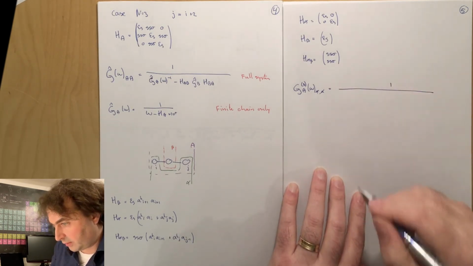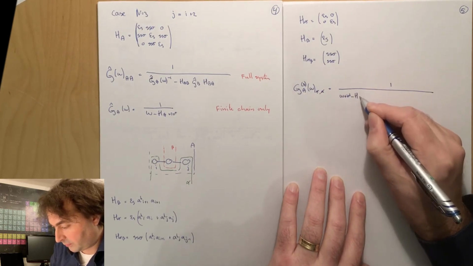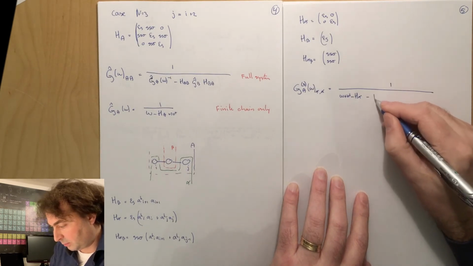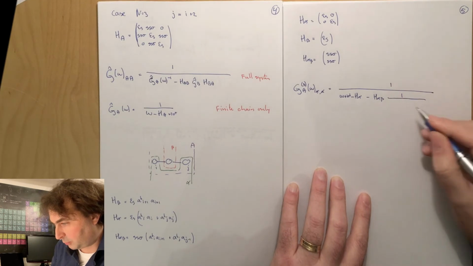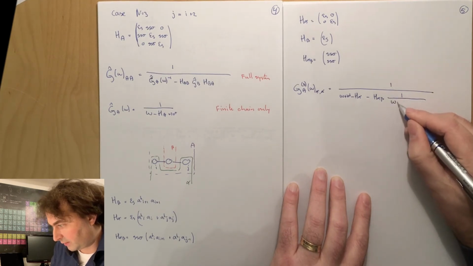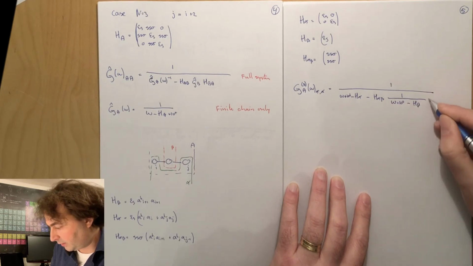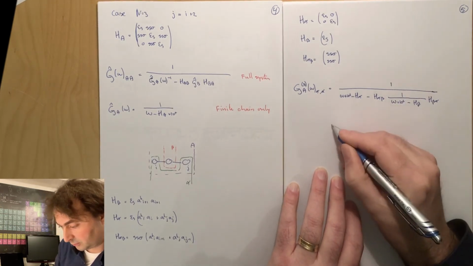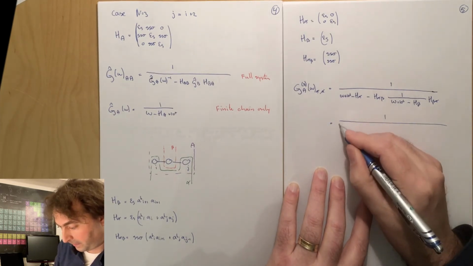Then this is given as 1 over omega plus i0 plus minus the Hamiltonian of alpha minus the coupling from alpha to beta, then our propagation in subsystem beta, and then the coupling from beta back to alpha. And we can now fill in the matrices.